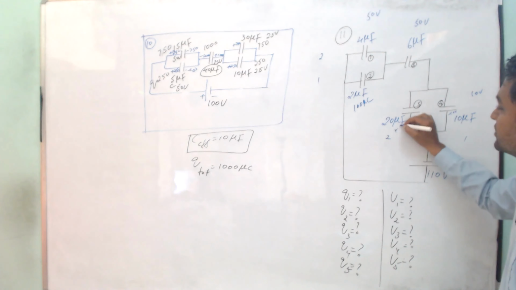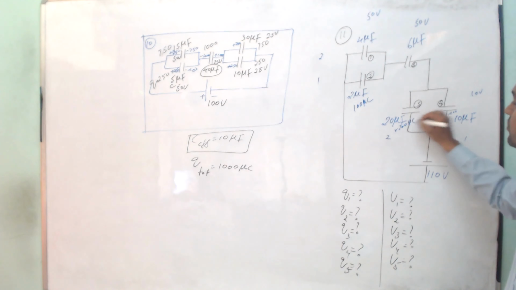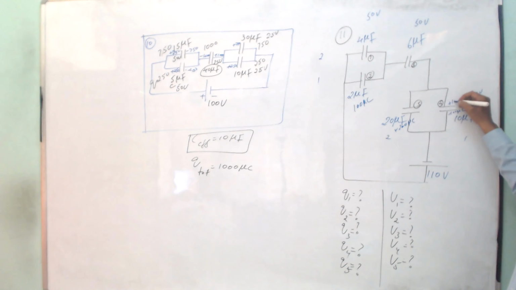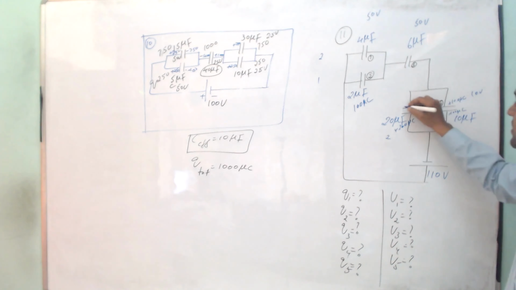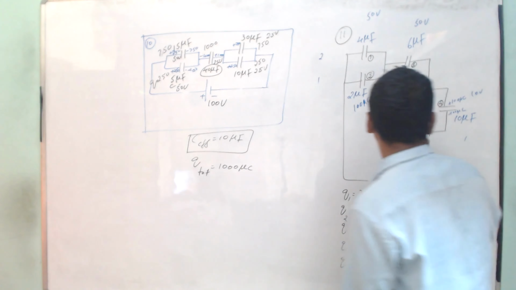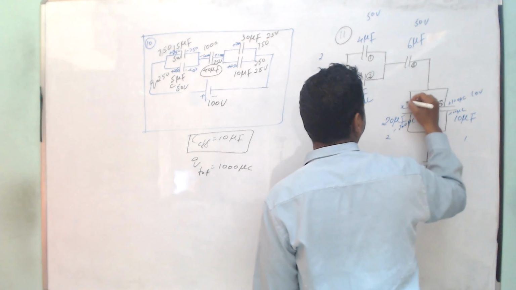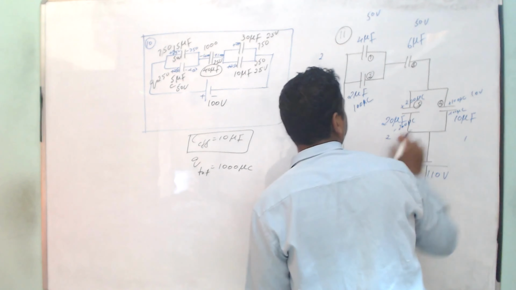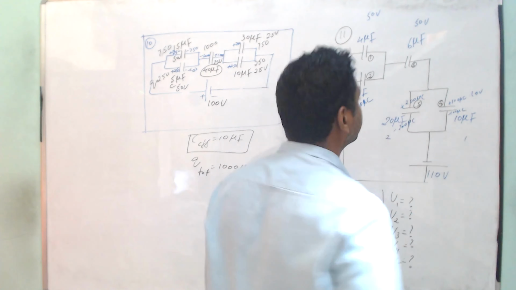Here I should have plus 200 microcoulomb. Correct? Capacitor, so obviously things should be same. Minus 100, so this is plus 200 microcoulomb. Minus 100, minus 200, plus 100, plus 200.